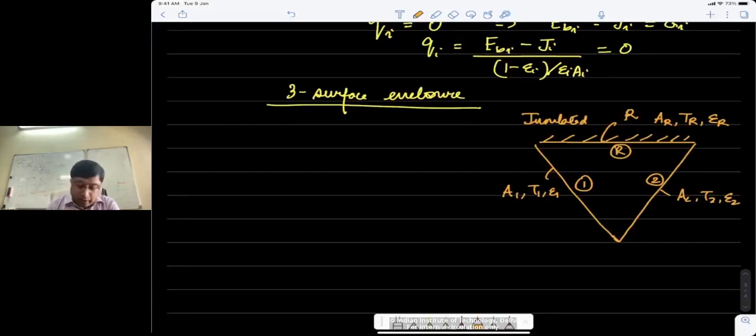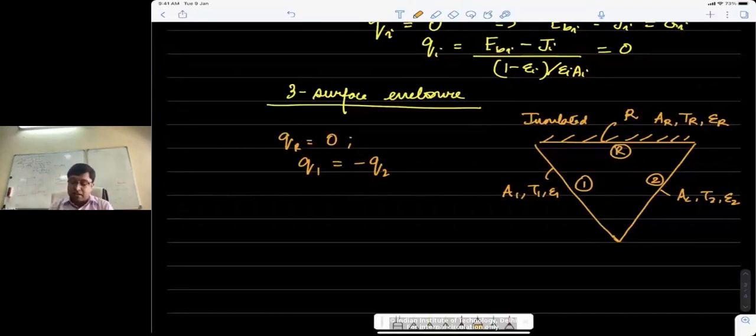So if I look at just the pure network representation, I also see that because the surface R is re-radiating, QR will be 0, which means clearly Q1, which is the heat leaving surface 1, should be equal to minus Q2. Whatever Q1 is giving out, Q2 must be absorbing, because surface R is not giving out any heat.